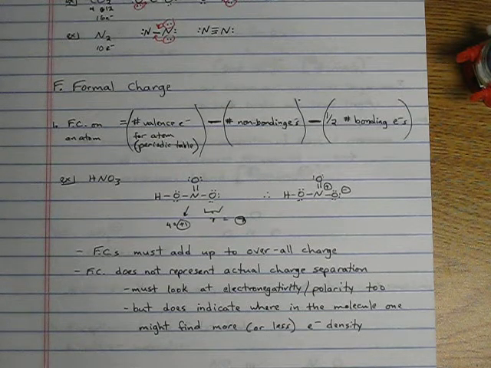When we were looking at actual charge, partial positive, partial negative, we have to look at electronegativity values. So this really isn't looking at the actual charge on the atom.